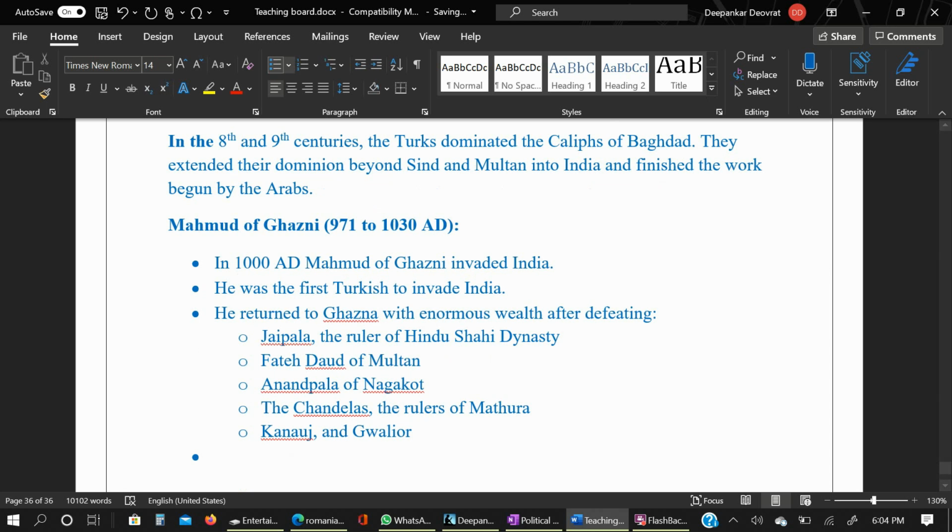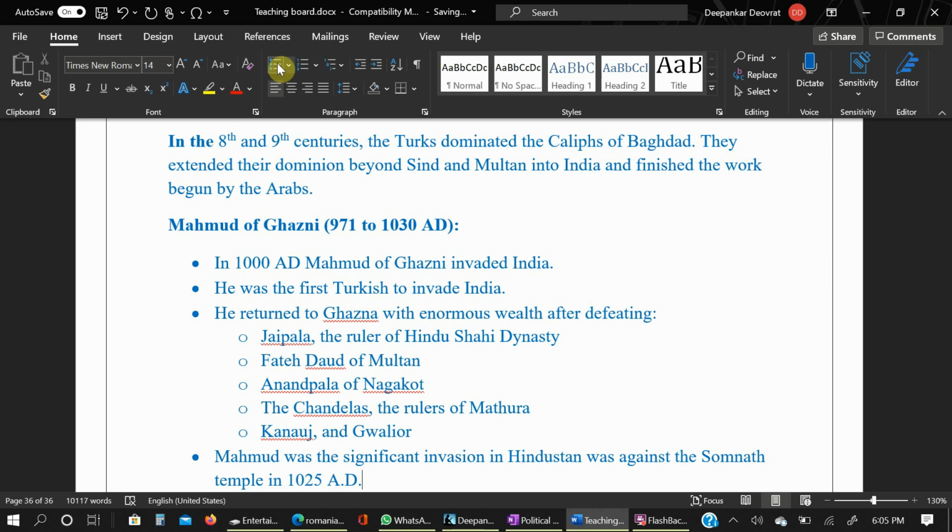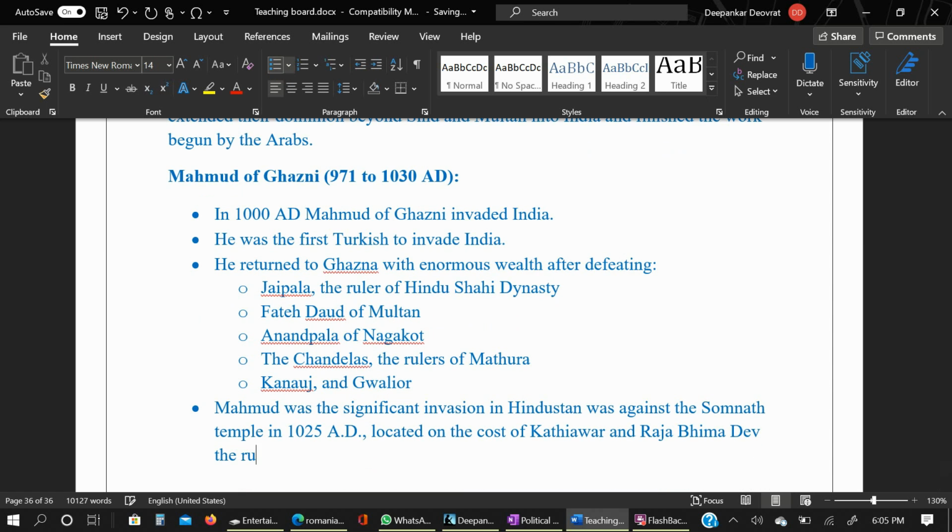Mahmud's most significant invasion in Hindustan was against the Somnath temple in 1025 AD, located on the coast of Kathiawar, and Raja Bhim Dev, the ruler of Kathiawar, and his followers escaped from the place.